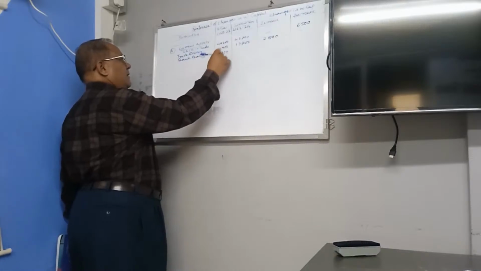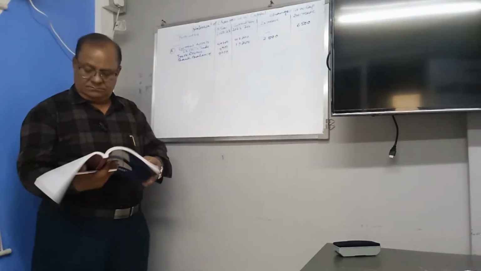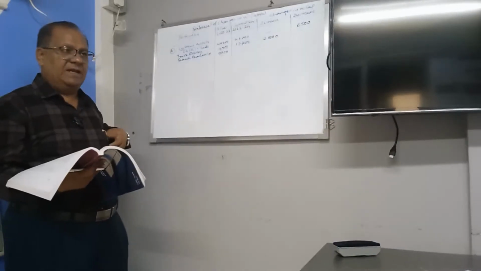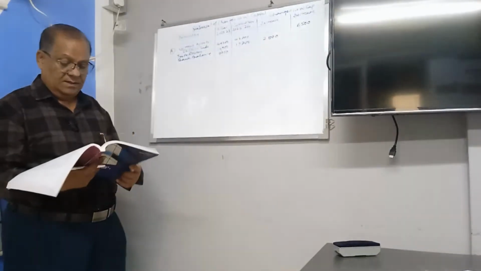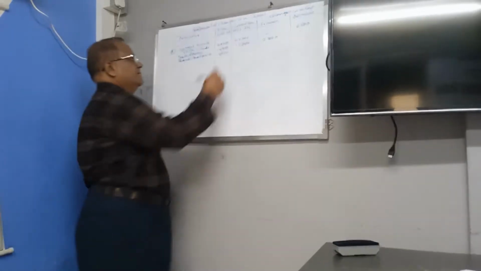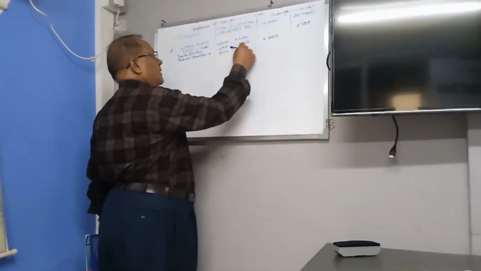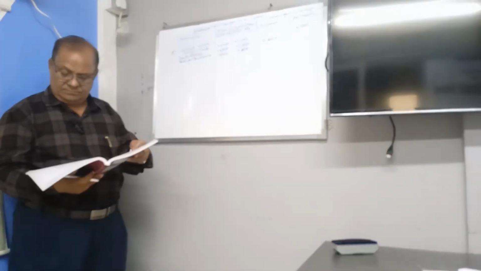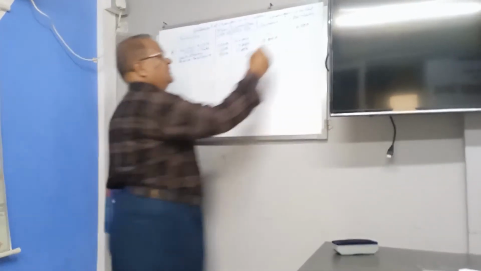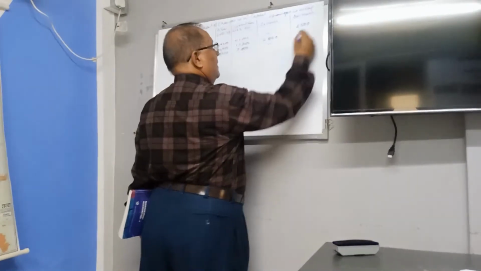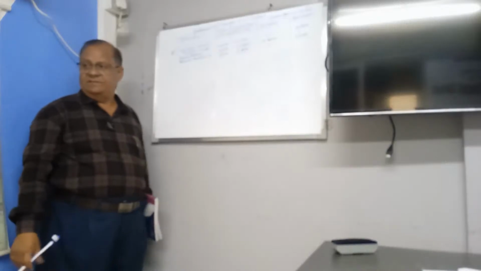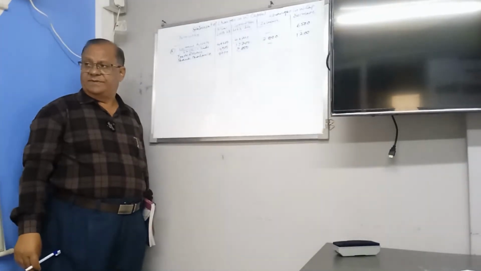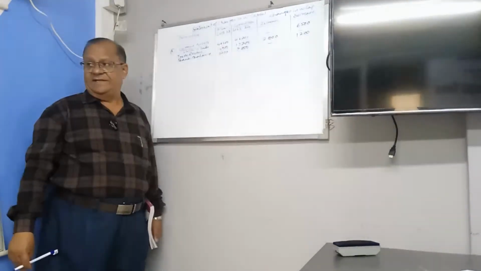Then bank balance. 9,800 is the bank balance and 7,800. So there is a decrease of 1,200. Correct? 1,200 decrease.